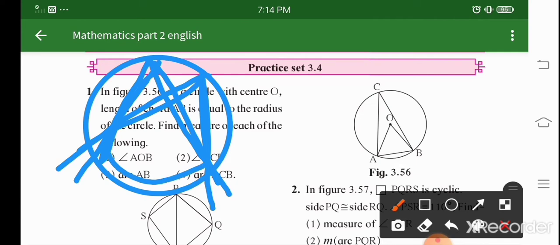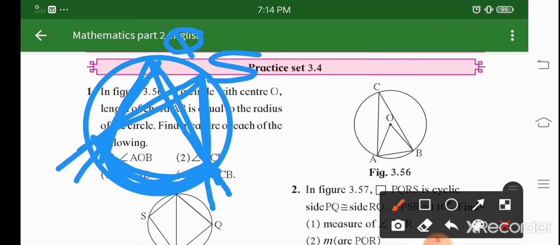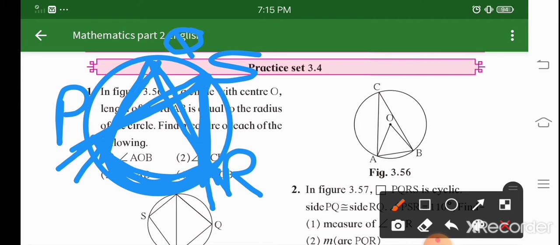Can you see the arc is the same over here? Suppose we name these Q, S, R and P. So angle PSR has an intercepted arc, and this angle also has the same arc. So you can say that angles inscribed in the same arc are congruent. If the arc of the angles is the same, then you can say these angles are congruent. This is the property.